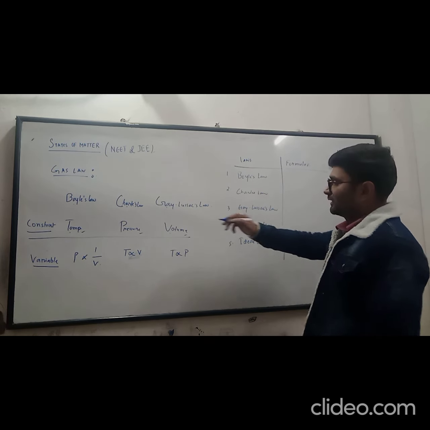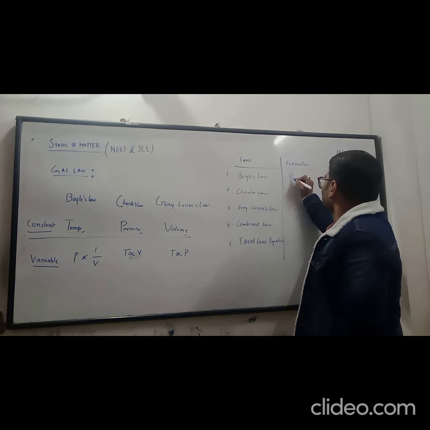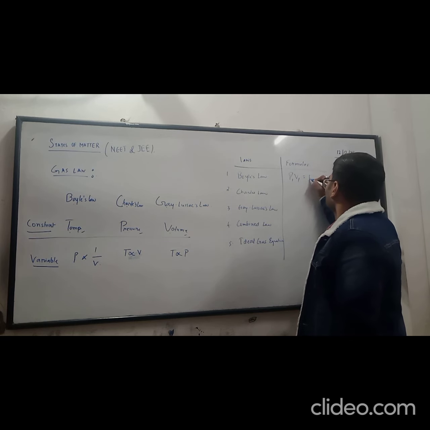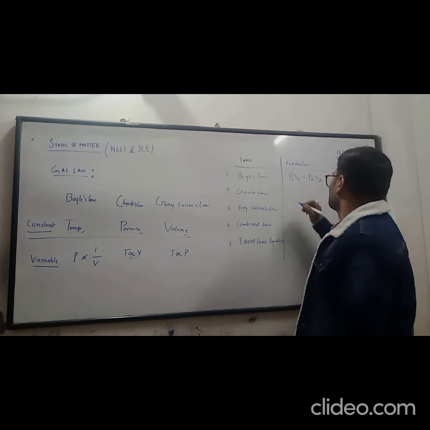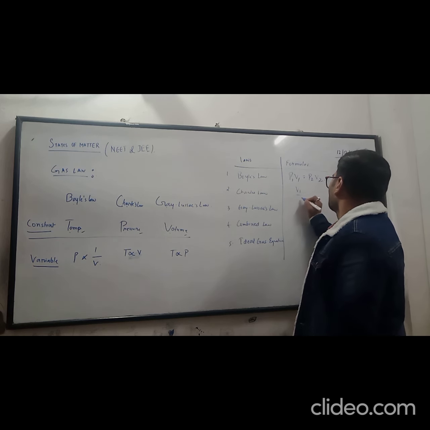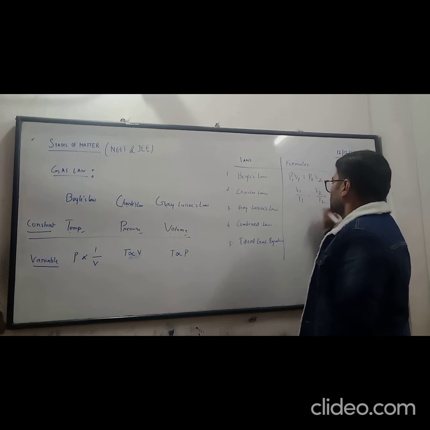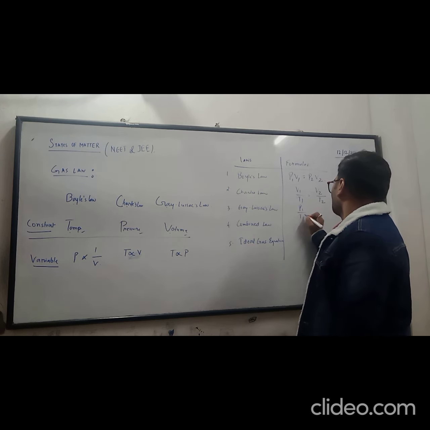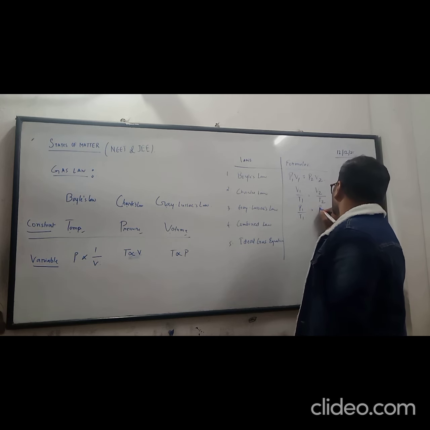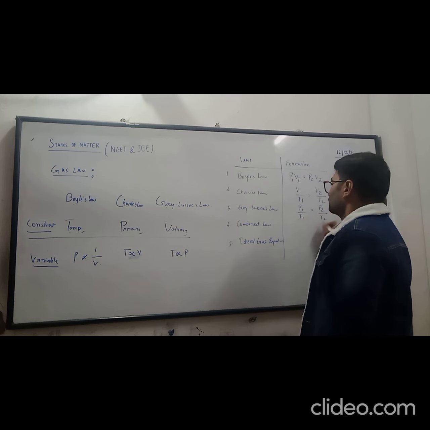First, Boyle's law: P1 V1 is equal to P2 V2. Charles' law: V1 by T1 is equal to V2 by T2. Gay-Lussac's law: P1 by T1 is equal to P2 by T2.